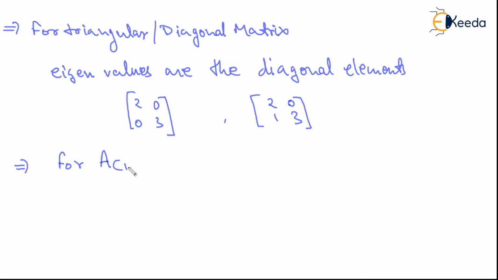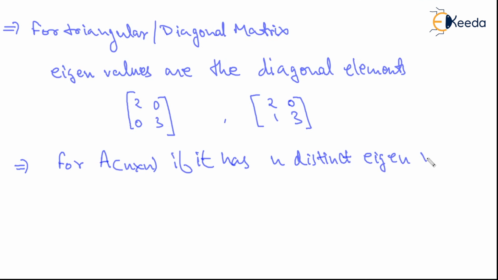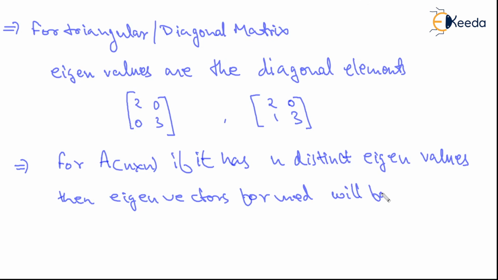And one more important point is, for A that is n cross n, if it has n distinct eigenvalues, then the eigenvectors will form the basis for Rn, or you can say it spans the n-dimensional vector space.